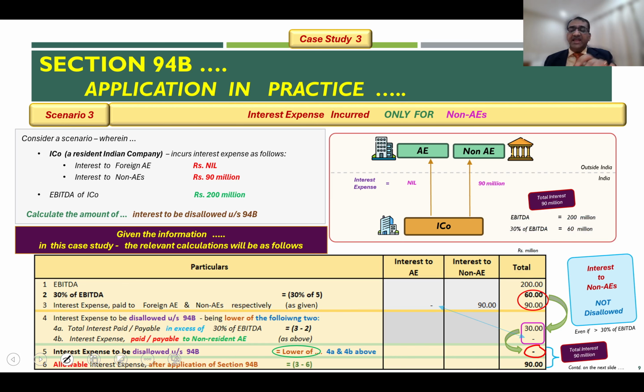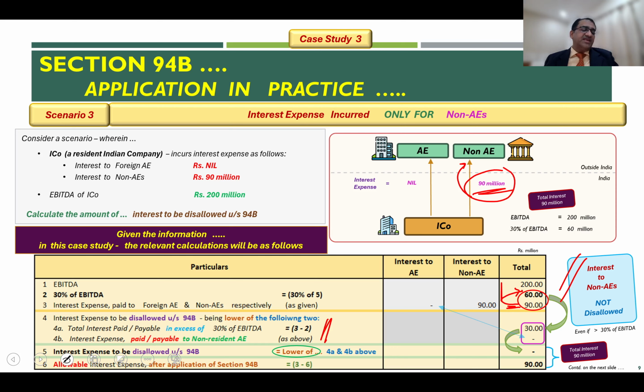And therefore, in this case as well, the entire interest is being paid to non-AE. The way this section operates, because you have paid everything to third party independent companies or entities not within your group, they are non-AEs, and therefore the entire 90 will be allowed, even if this 90 million is greater than 30% of your EBITDA. So this is the takeaway.